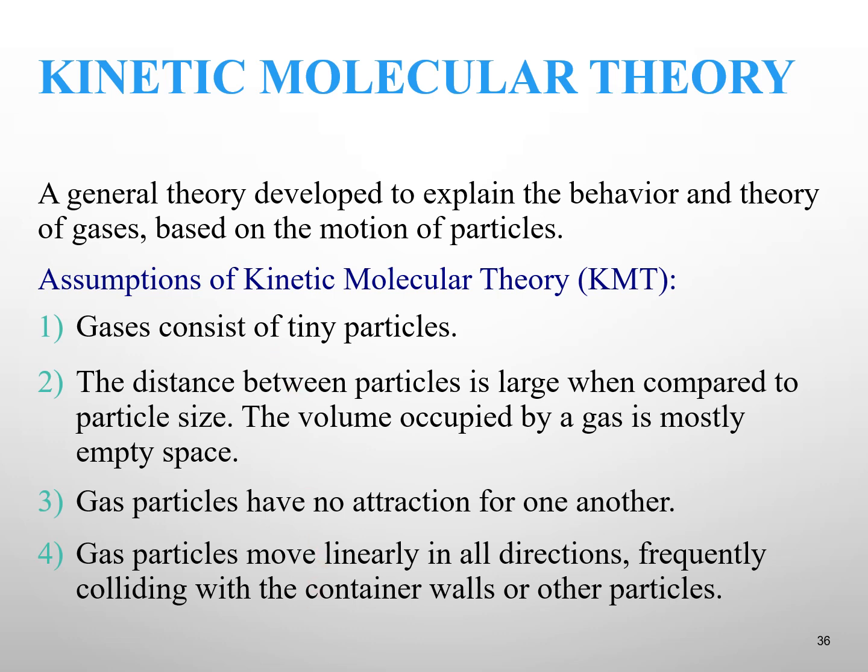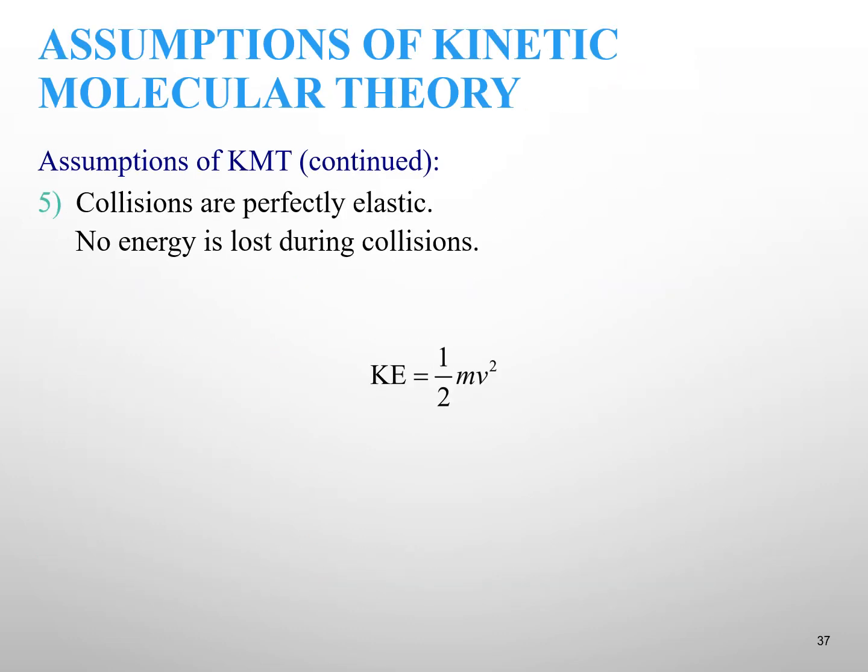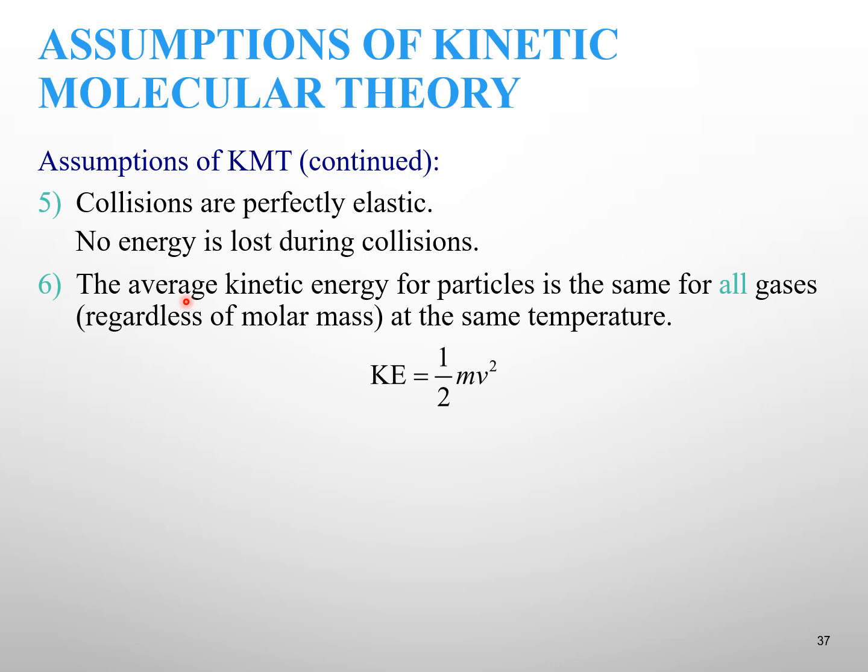There's more. The next assumption is that when they do collide, the collisions are elastic. Elastic collision means no energy is lost during collision. Average kinetic energy for a particle is the same for all gases, regardless of molar mass, at the same temperature. So whatever the gas is, it doesn't matter. If it's the same temperature, the kinetic energy is the same.